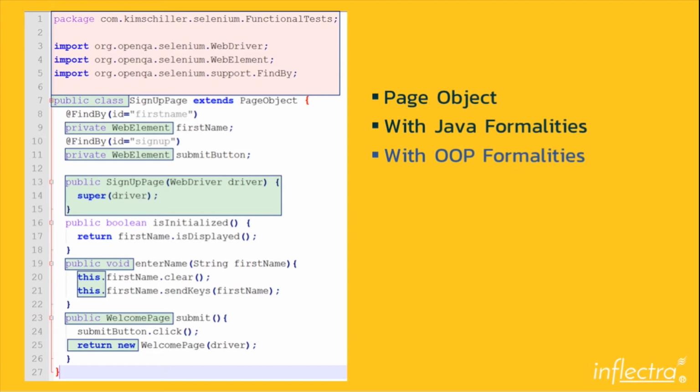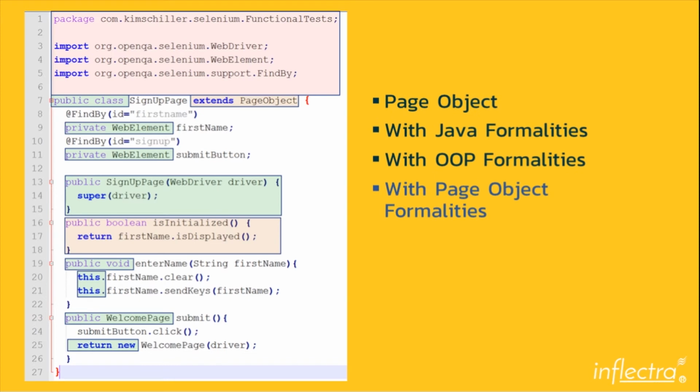So the language tries to be universal. Your test is some universal program, and the formalities you have to follow to make your universal program an actual test are marked here. Now some more formalities are related to the page object pattern itself. So if you implement the page object pattern, you have to write these pieces of code for it to work properly.